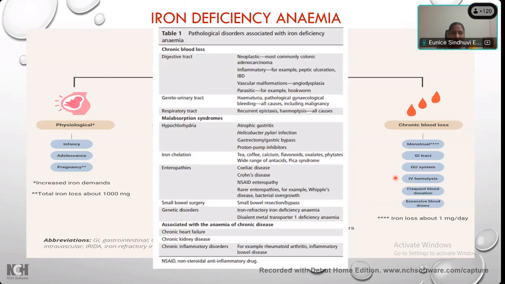If you look at pathological disorders associated with iron deficiency anemia, we know that several neoplasms in the digestive tract contribute, as does hematuria and hypochlorhydria or achlorhydria, where acid production is reduced. Acid is very important for iron absorption. Dietary factors matter too: when you take a lot of tea and coffee, which contain flavonoids and phytates that can chelate iron, and other diseases can also cause iron deficiency anemia.